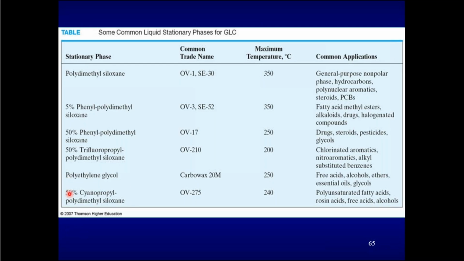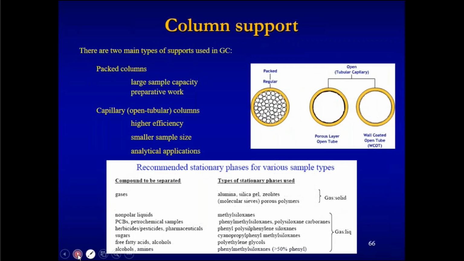And lastly, we have 50% cyanopropyl polydimethyl siloxane, which has a maximum temperature of 240 degrees centigrade, and it is useful for separation of polyunsaturated fatty acids, free acids. So these are some examples of commonly used liquid stationary phases in GLC.